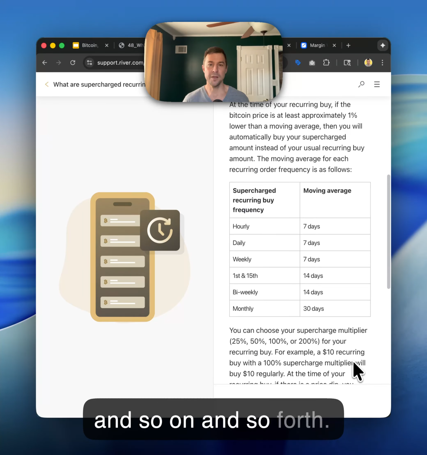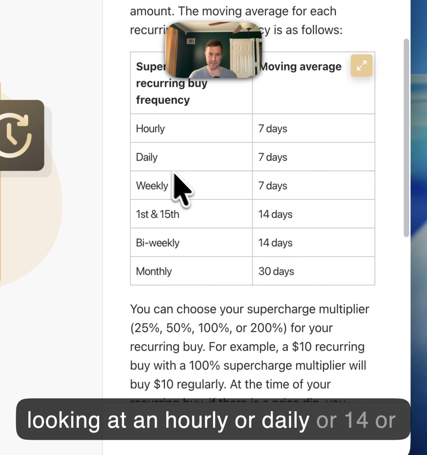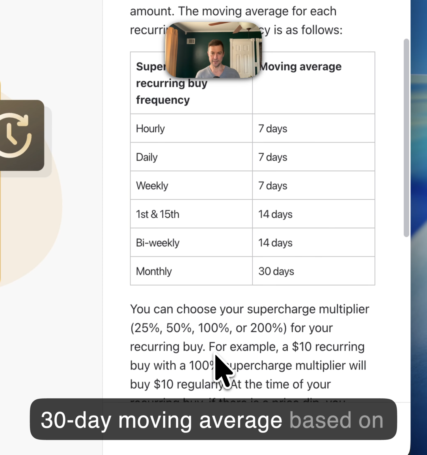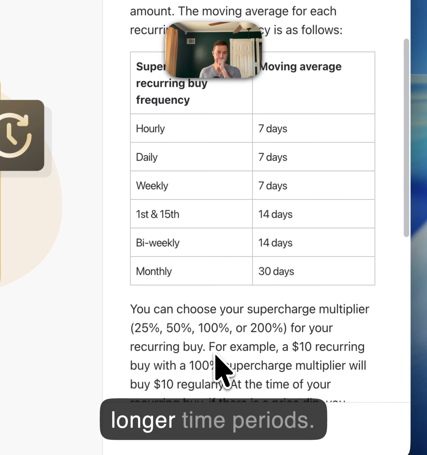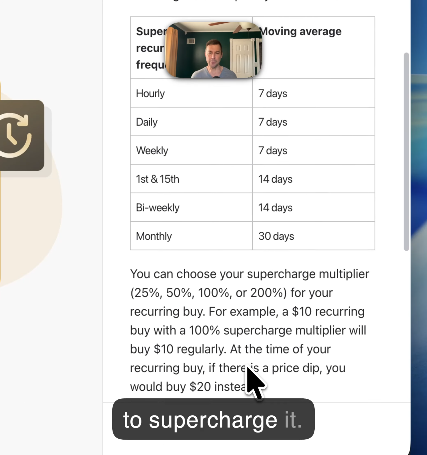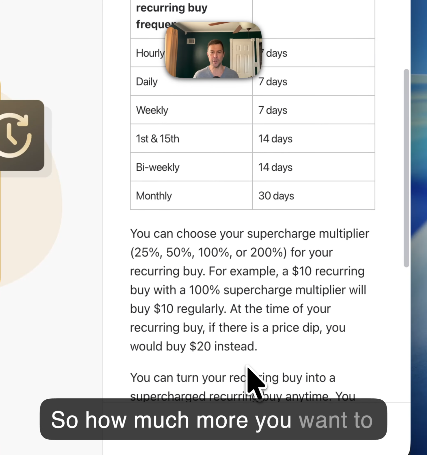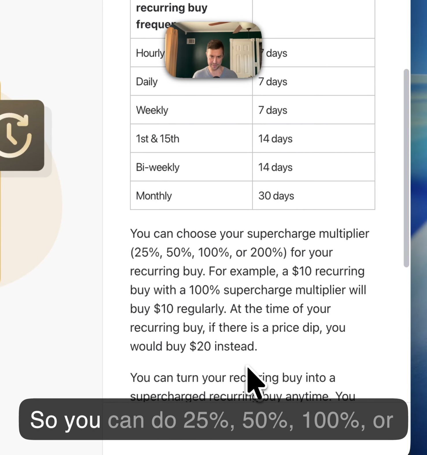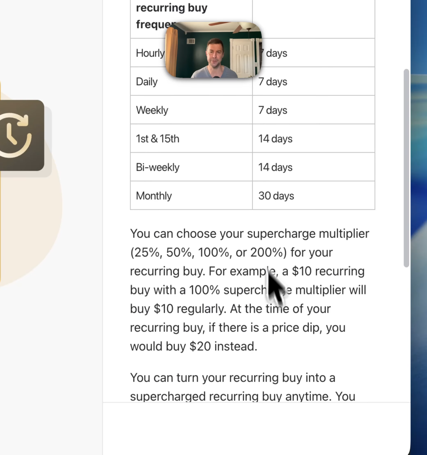River will take either the 7-day moving average if you're looking at it hourly or daily, or 14 or 30-day moving average based on longer time periods. And then you can also choose how to supercharge it, so how much more you want to juice your buys when Bitcoin is below those periods. You can do 25%, 50%, 100%, or 200%.